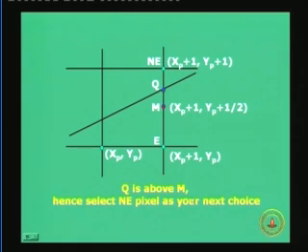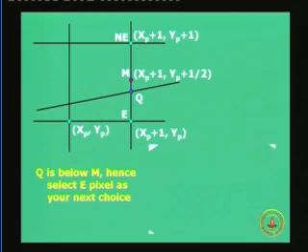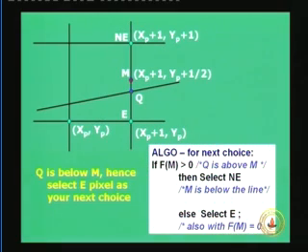Whichever way you look at it, q is above m and closer to the northeast pixel, and under this condition f of m is greater than 0, and then you select northeast if it is positive, and else, if it is negative, you select east, that is this particular figure where q is below m, or m is above the line. So, this is the midpoint criteria written in terms of an algorithm, which is the key to choosing your next choice. And once you are through with the next choice, you apply the same for the next iteration.